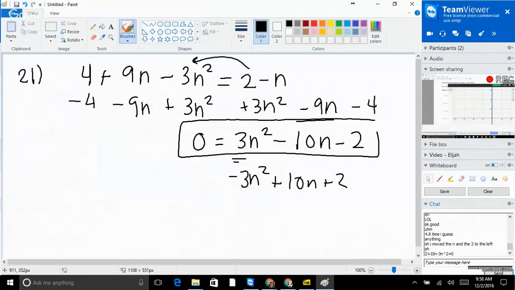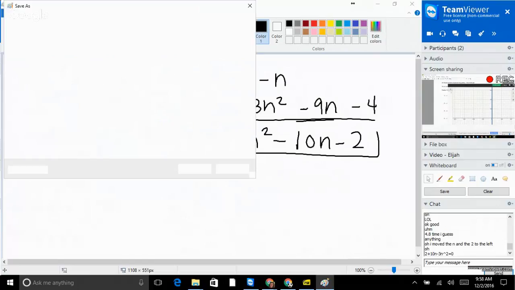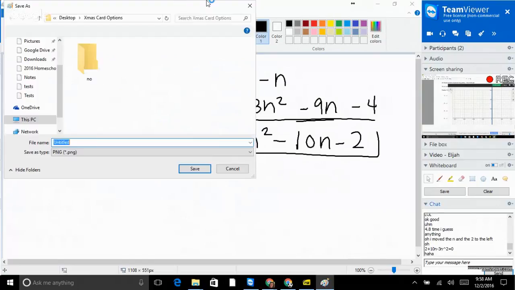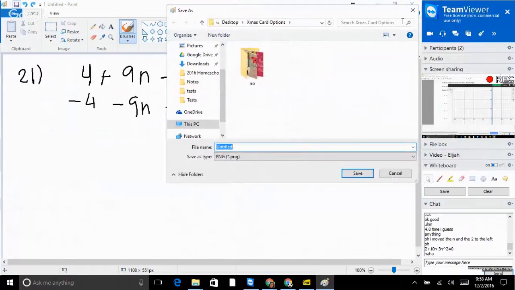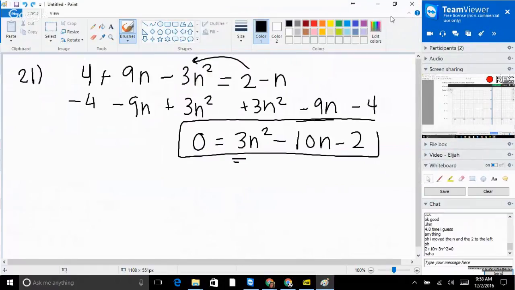Yep, and that's fine. It'll work out the same when you do your quadratic equation. It was just me not liking the negative numbers.